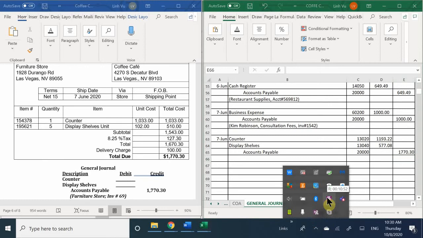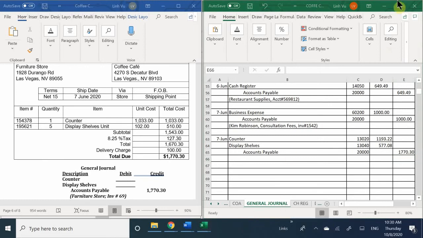So that should be my grand total right here, is that I have my counter for 1193.22, while my shelves are 577.08. Okay, and then I'm also going to write a little description here, right? That I received this from the furniture store.